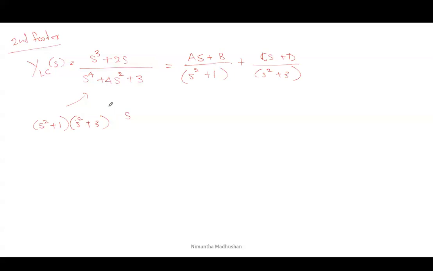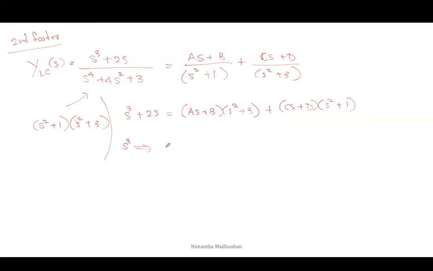Then s cube plus 2s is equal to as plus b times s squared plus 3 plus cs plus d times s squared plus 1. From this one, I can consider the s to the power 3 terms.